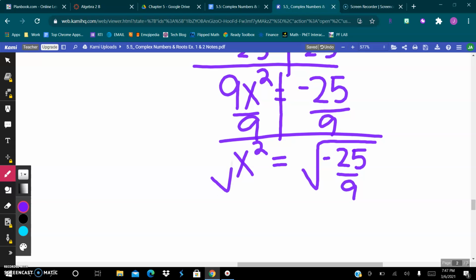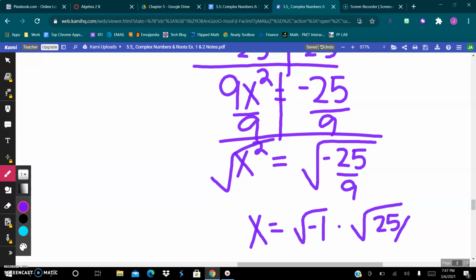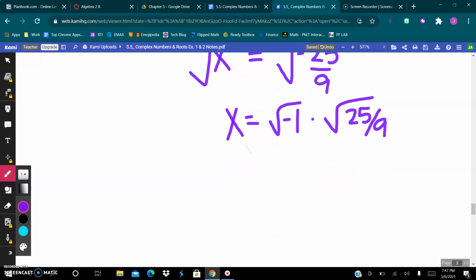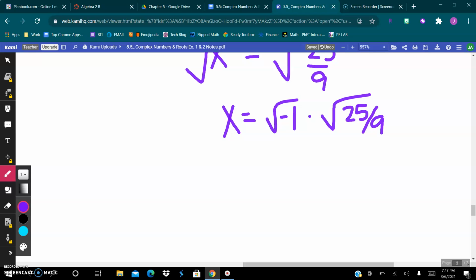And then I'm going to take the square root. So x equals, that negative sign is like that negative 1. And then I have the square root of 25 over 9. Now, luckily, 25 and 9 are both perfect squares. So the square root of 25 is 5, and the square root of 9 is 3. And then the square root of negative 1 is an i. So we have 5/3 i.